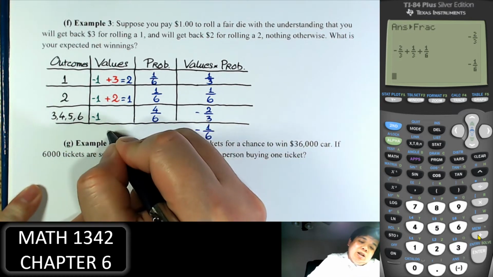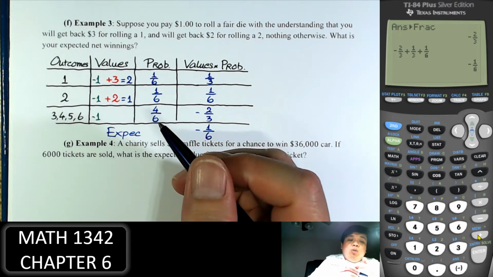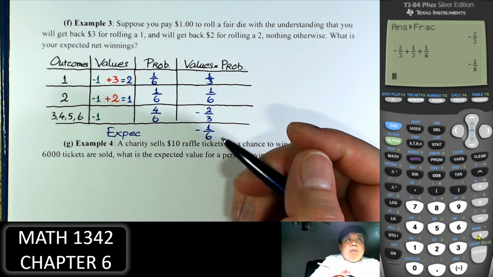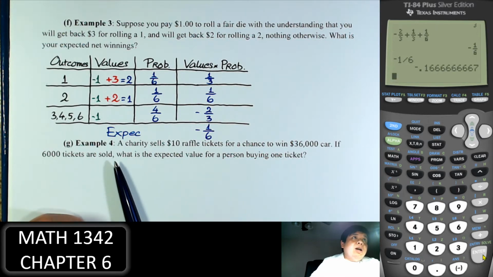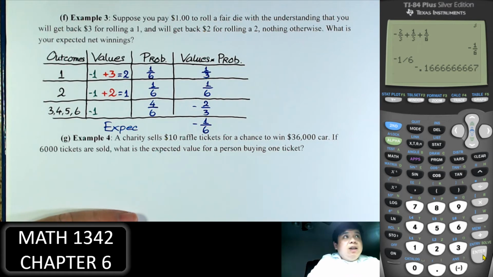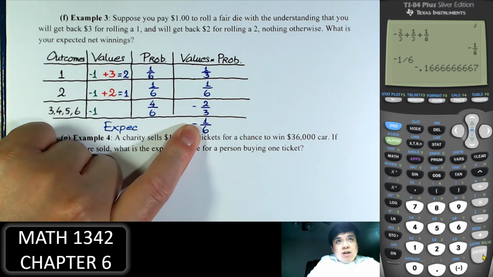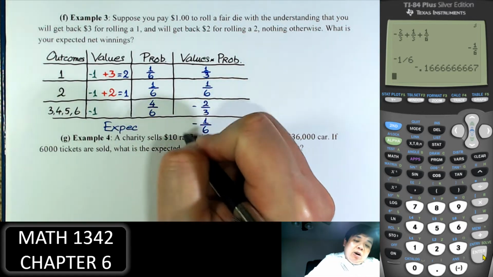So this is the mean, or the expected value, meaning that in the long run, every time we play, we lose 1/6, so about 16.67 cents. If we only play one time, it is impossible to lose this amount. But in the long run, each time we play, we expect to lose this much.